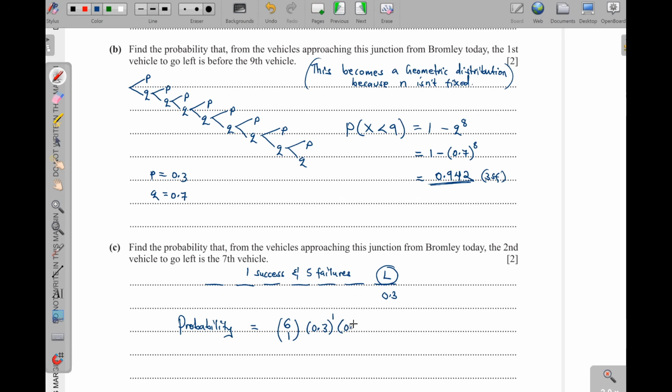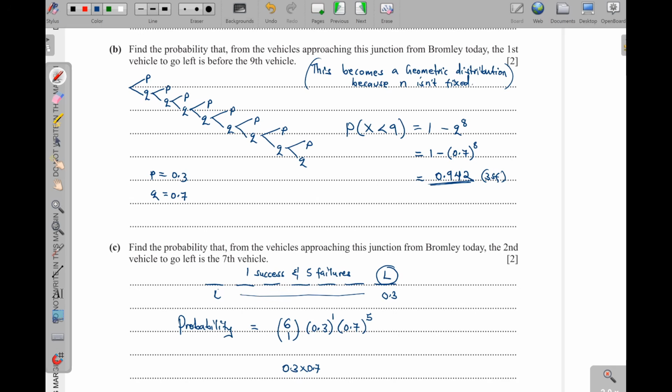And then 0.7, the failures here, we are going to have 5 of them. So I treat this as a binomial. Maybe it is in the first position here. That is where you get the one that turns to the left. Then all of these ones are 0.7.